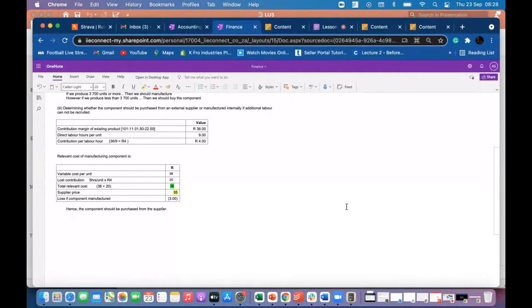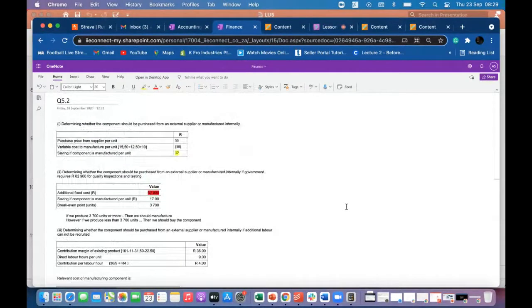What should we do? Is it cheaper for us to make or buy this product? Because remember, we're going for the cheapest option because the cheapest option will yield us the higher profit. Okay, right. So let's see what's going on over there.